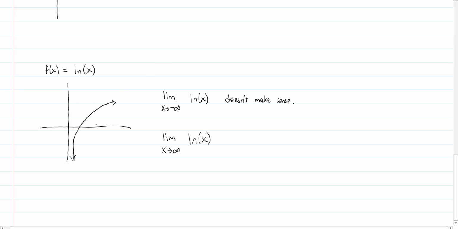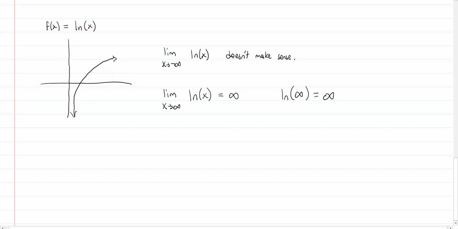So as x moves further and further to the right, the natural log function is going to slowly but surely shoot up towards positive infinity. Okay, so this limit is infinite. And from this limit, you can sort of say that the natural log of infinity is infinity.